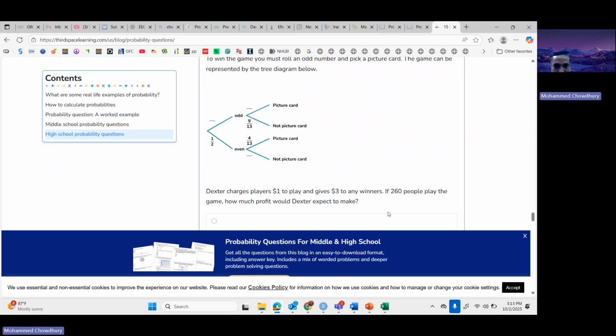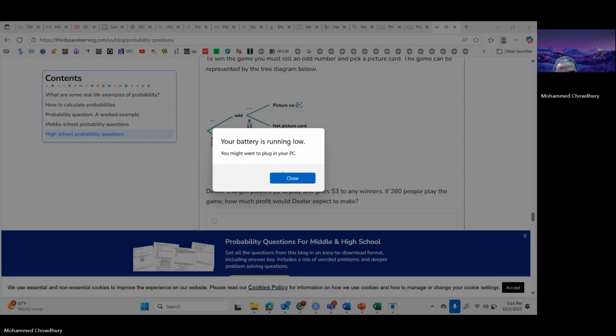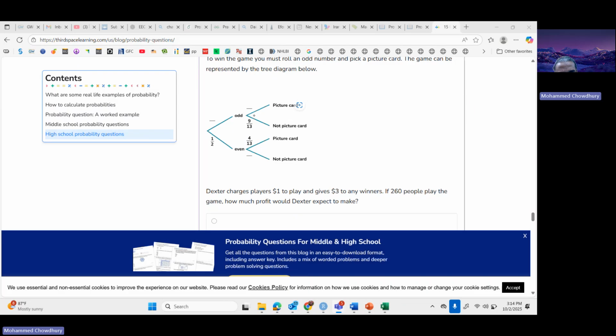Because take a look at that, for the odd with no picture card. For this one, no picture card. This one has 9/13 and that one has 4/13, right? So the probability of winning odd is half, and then the probability of winning a picture card is like this.